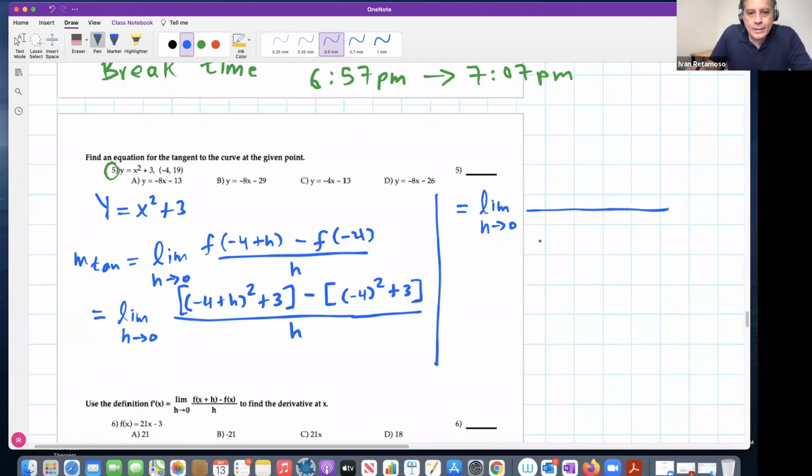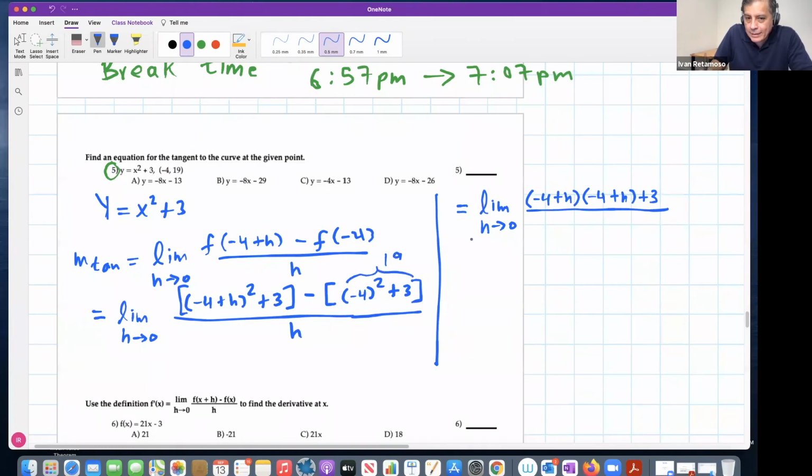Okay, guys, let's try to do it together. If you find the answer, just post it in the chat. This (-4 + h) squared is just (-4 + h) times (-4 + h). Then plus 3, minus this, which is 16, (-4) squared plus 3, giving 19.